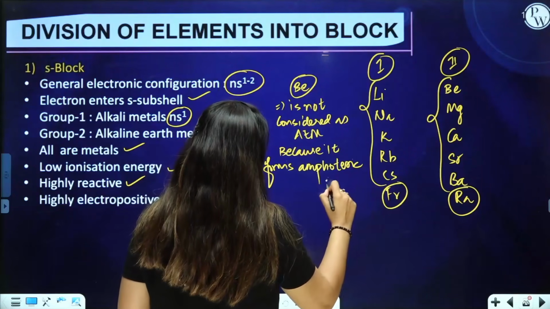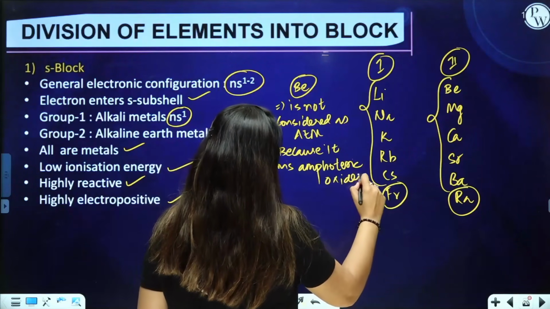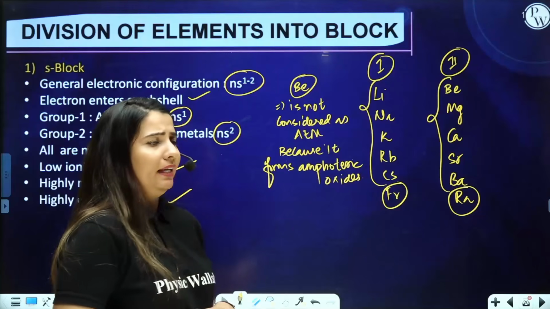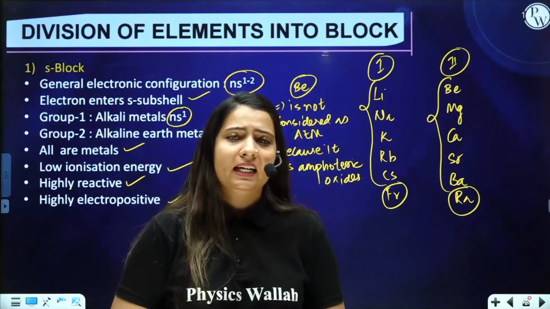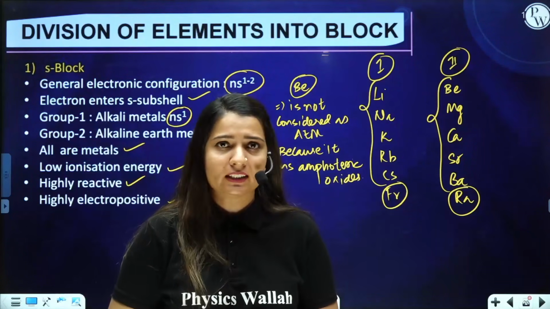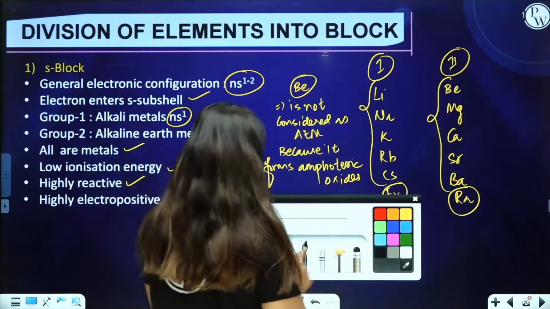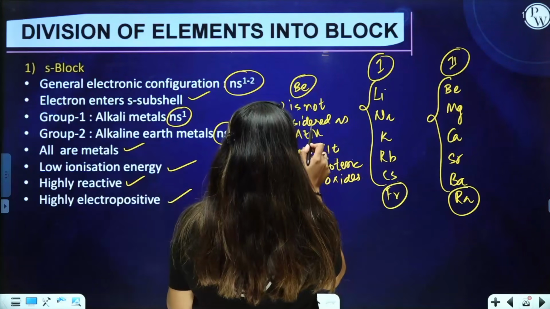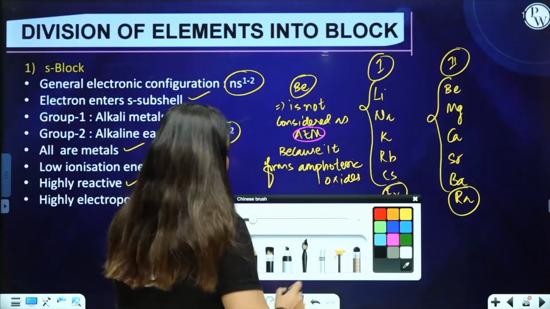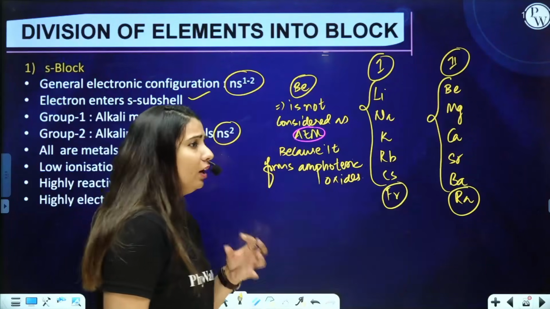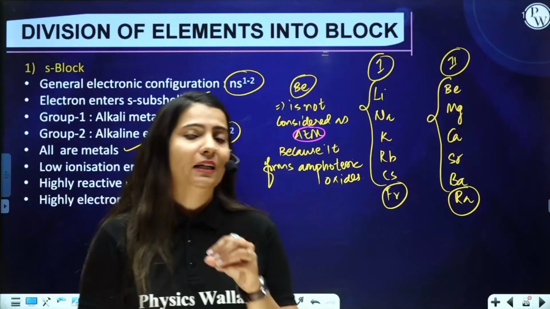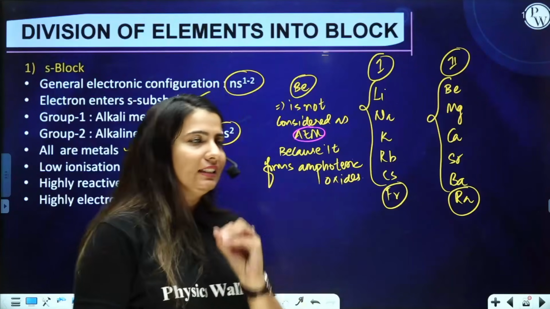There is a point related to metals that they form basic oxides, but beryllium has a problem: it does not form a basic oxide, it forms an amphoteric oxide. In some questions you will find, name an element which is not considered an alkaline earth metal but is present in group 2. The answer will be beryllium.